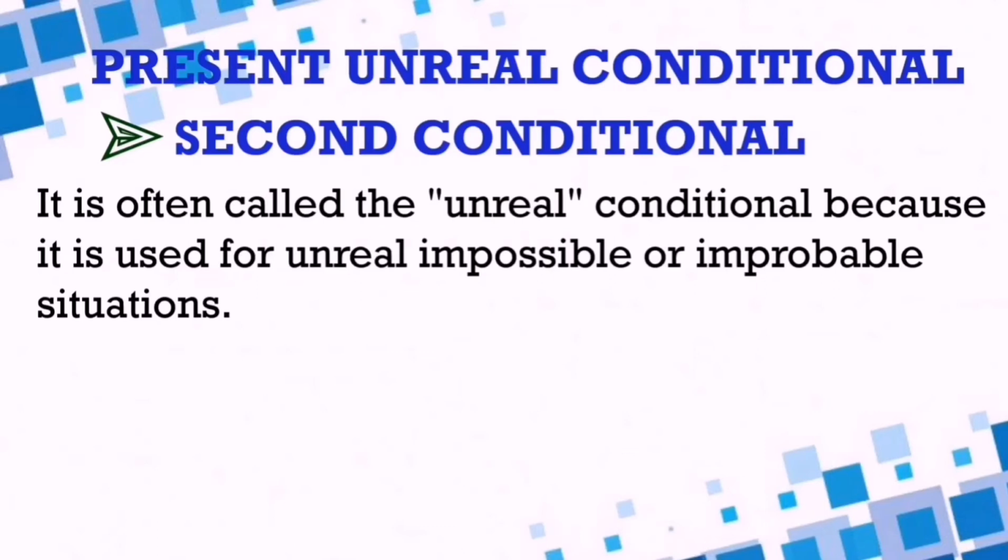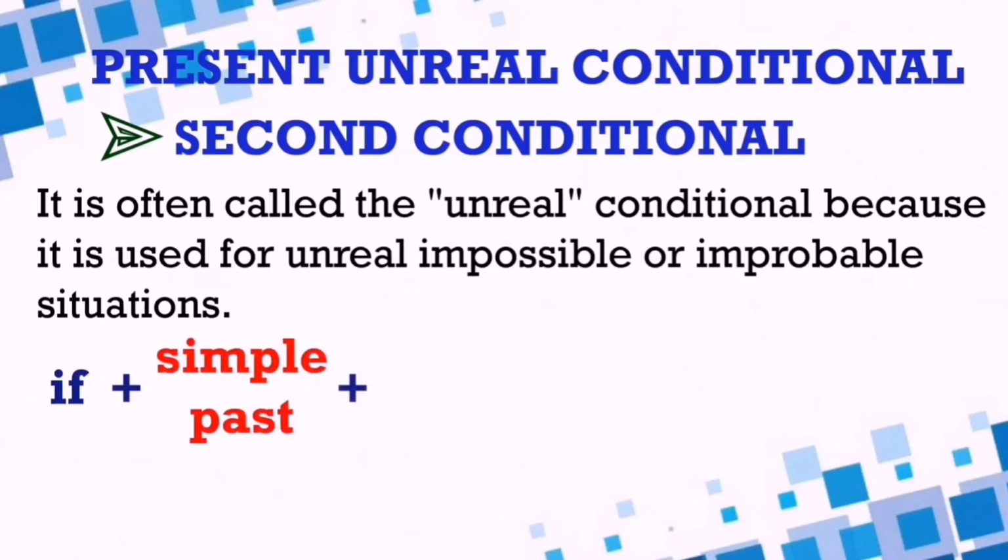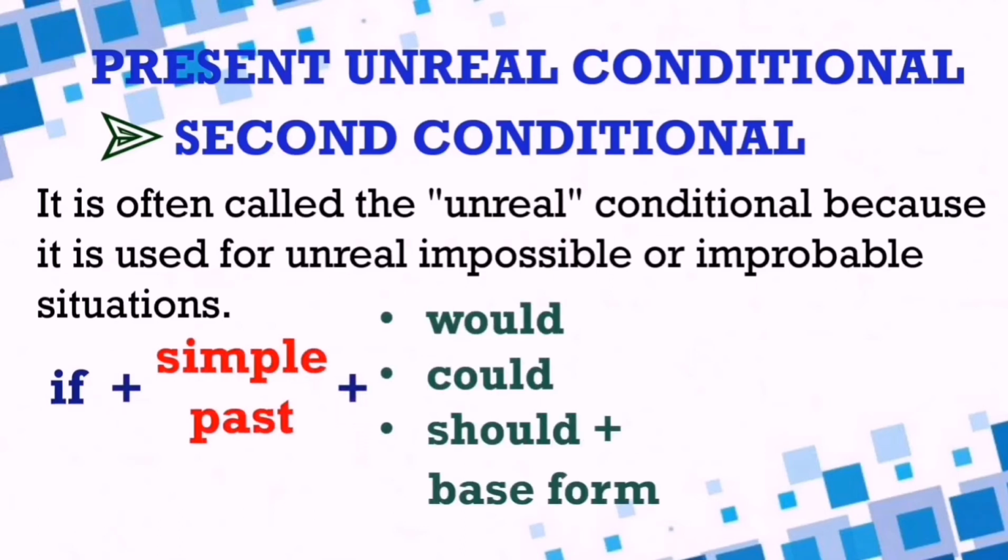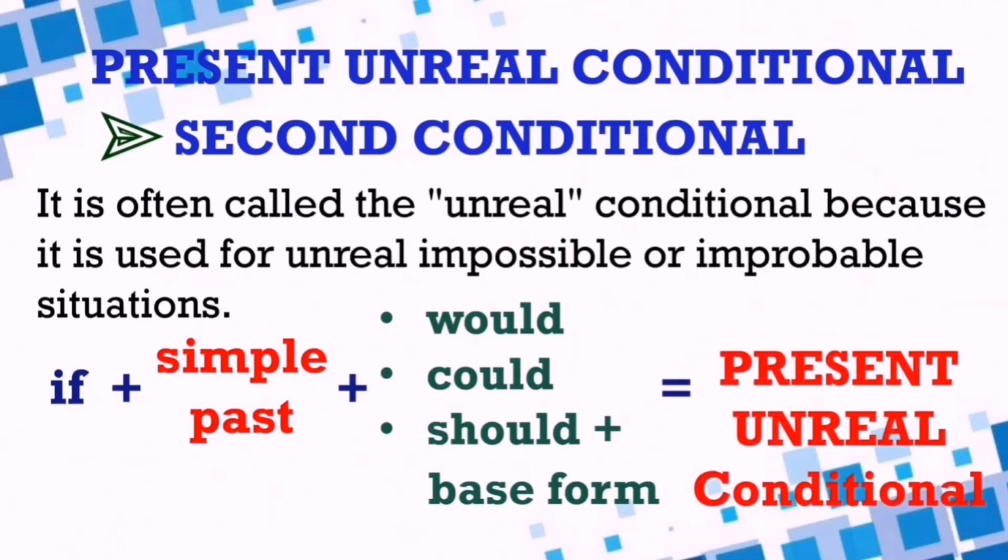The formula for this type of conditional is the word if plus simple past plus the words would, could, should plus base form of the verb equals present unreal conditional.